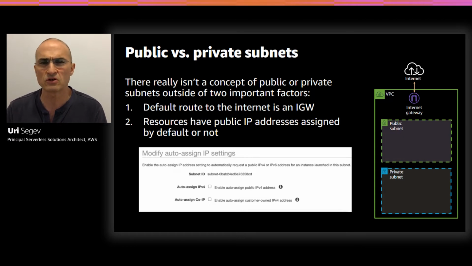The VPC, even though it may be in a range of public IPs, those are not accessible from the internet or to the internet. You must allocate a public IP address from the range of AWS in order to be able to communicate with the internet. So a public subnet is a subnet that has a route to the internet gateway, and it has resources with public IP addresses, which can be allocated by default or can be explicitly allocated if needed.